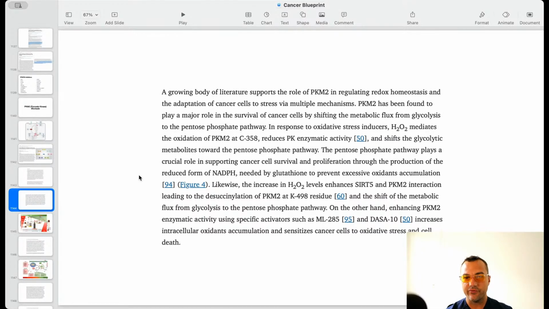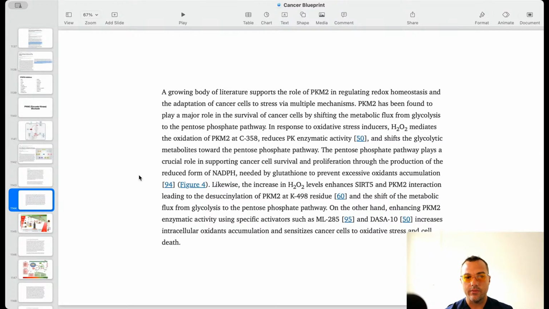The pentose phosphate pathway plays a crucial role in supporting cancer cell survival and proliferation through the production of the reduced form of NADPH needed by glutathione to prevent excess oxidants accumulation.